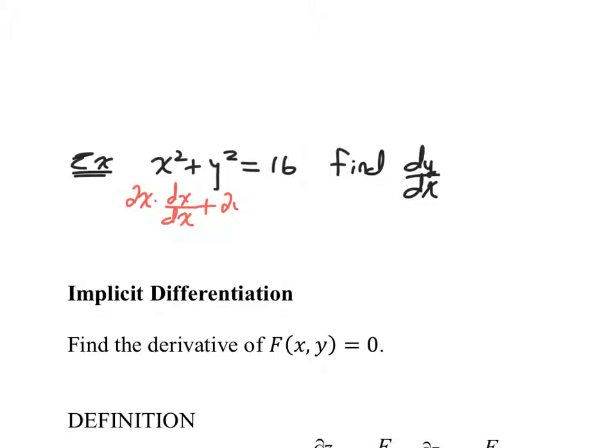So then 2y times dy/dx. The idea being that x could itself be another function that requires a derivative to be taken. If that's the case, then a good habit to build is to say, well, I'm going to take the derivative of x with respect to what? Well, x, so it doesn't matter, I can cancel it out.